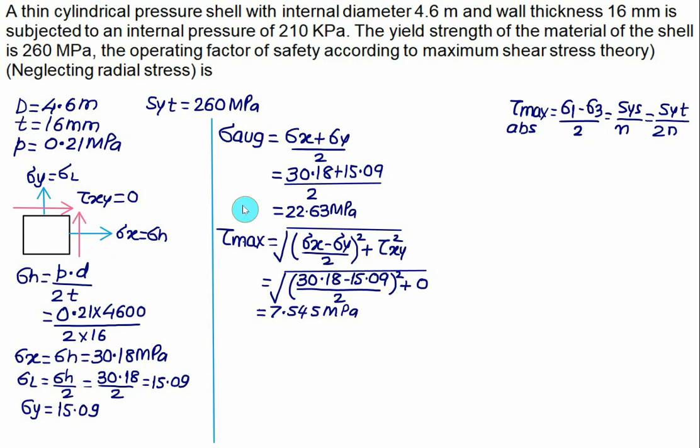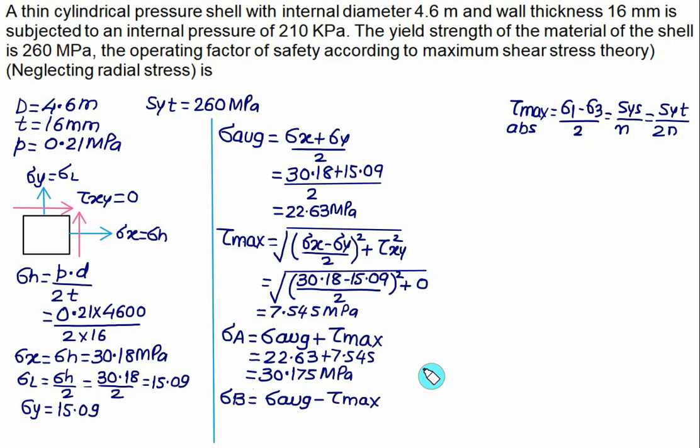One is sigma a, which is sigma average plus tau max. Second is sigma b, which is sigma average minus tau max. So sigma average is equal to 22.63 and tau max is 7.545. So we get the value of sigma a equal to 30.175 megapascal.